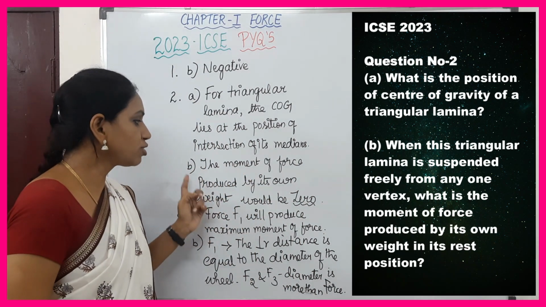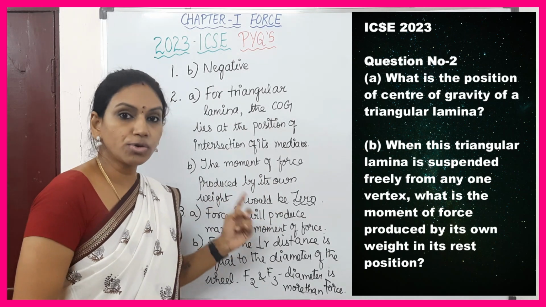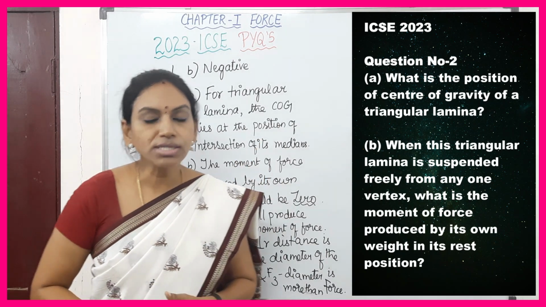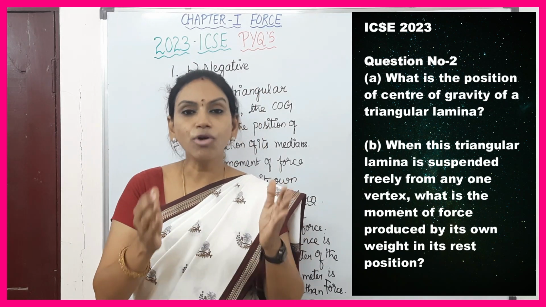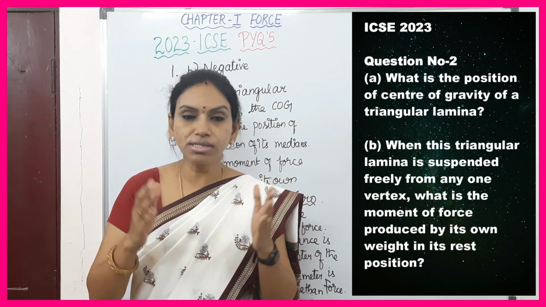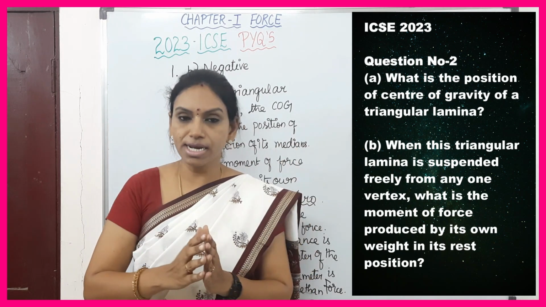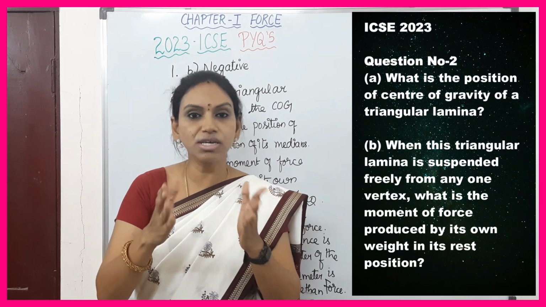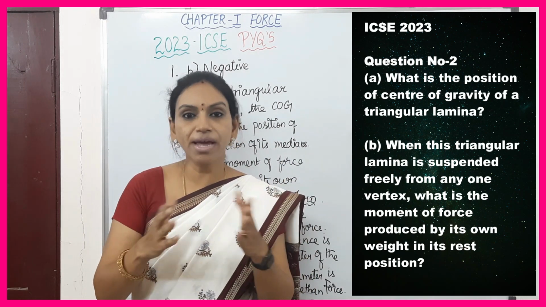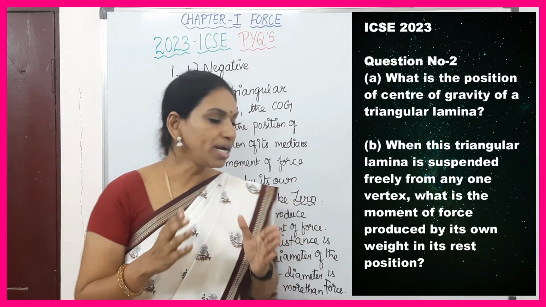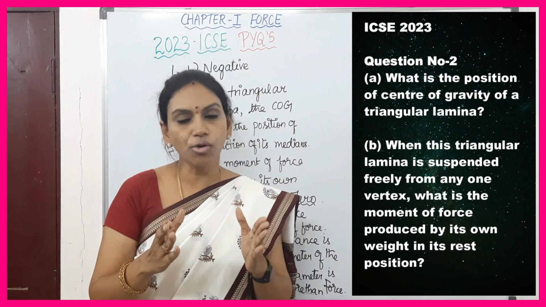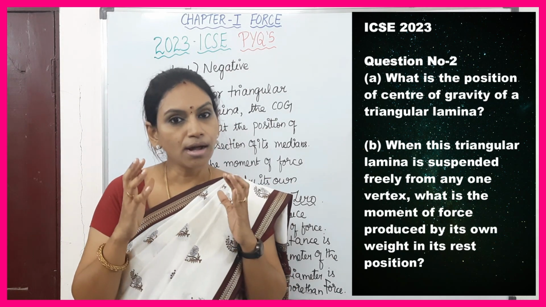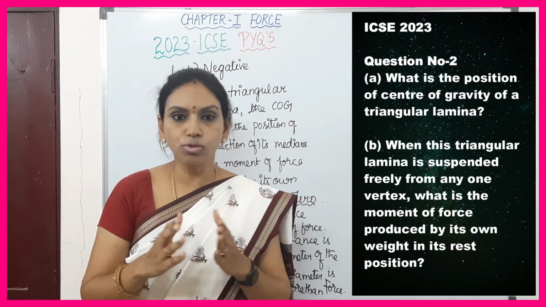The moment of force produced by its own weight would definitely be 0, because the force is applied from all directions. We have already discussed that when forces are applied from different directions, the net moment will be 0, whatever the shape. So the moment of force produced by its own weight would definitely be 0. That's the second part of question number 2.